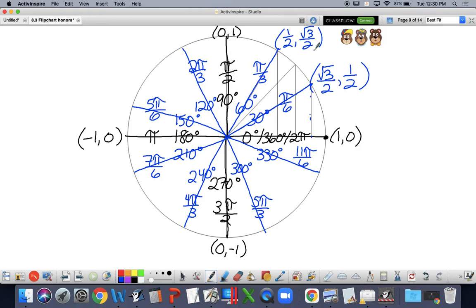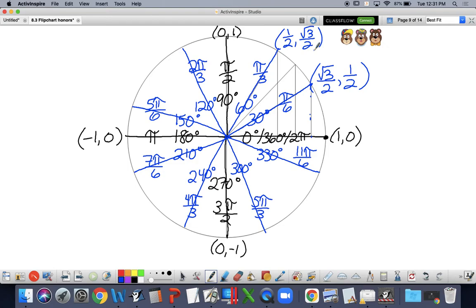So now we're just going to take these values and kind of reflect them around our unit circle as we go. So I have my 60 degrees here, and now I move to 120 degrees. What's my reference angle for 120 degrees? 30 degrees. How far away is 120 degrees from my x-axis? 60.